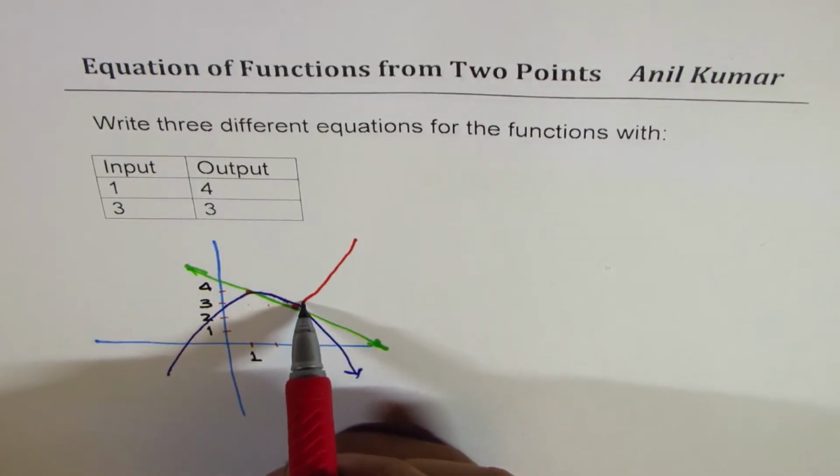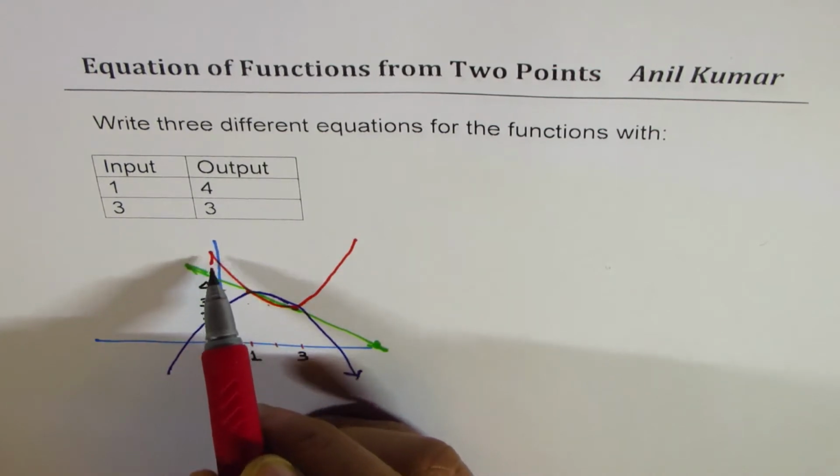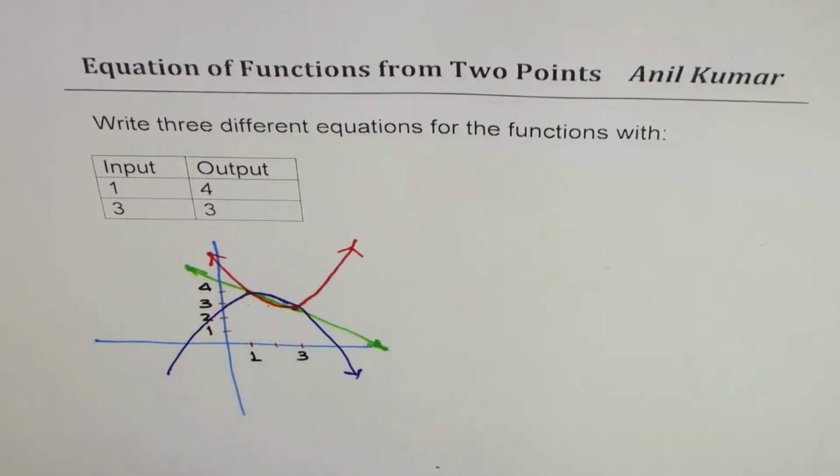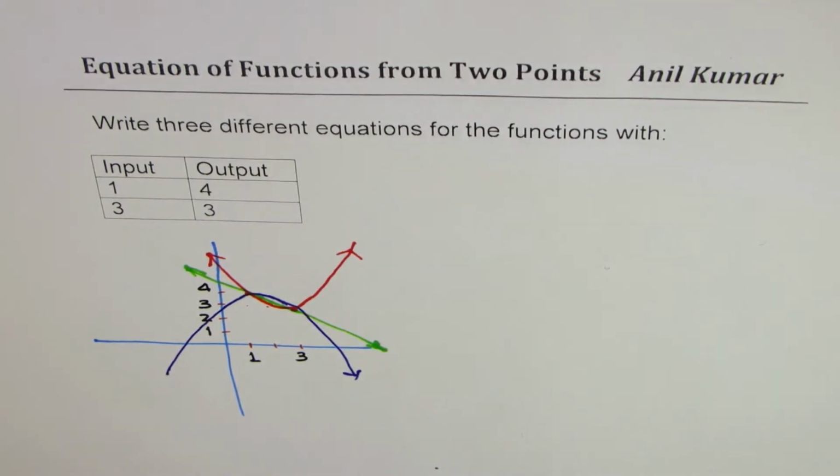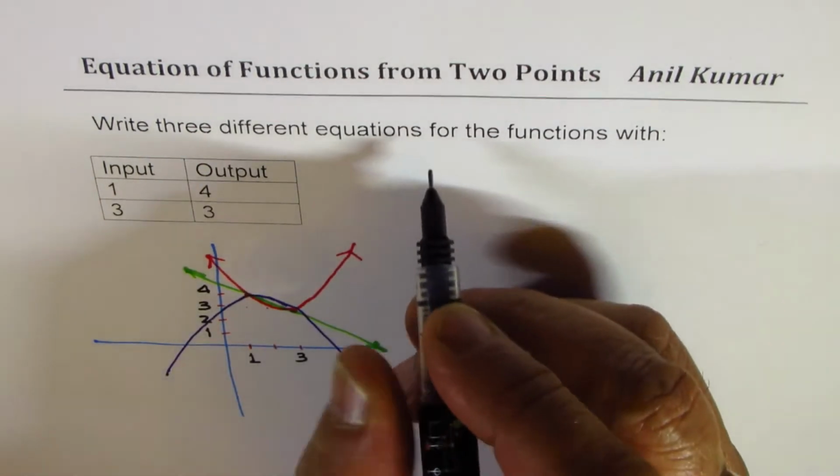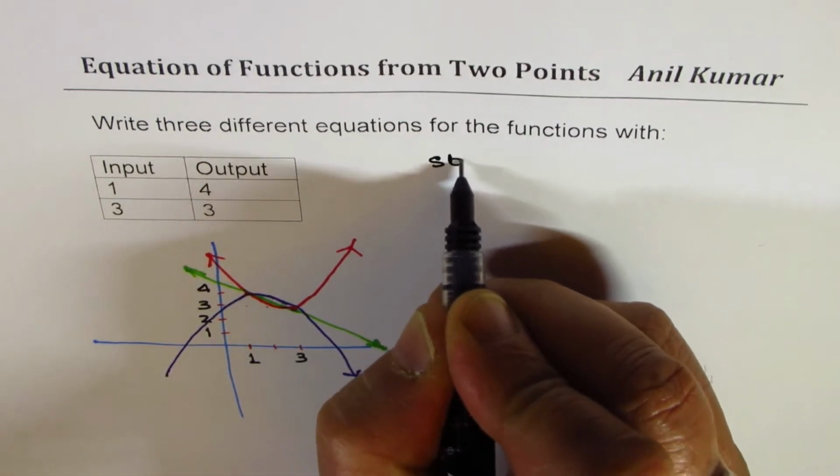So I could have a parabola which could be kind of like this. Do you see that? So all these curves are feasible. Depending on which one we take as our solution, we can provide different equations, correct? So let's begin with the very first one, which is we are talking about a straight line.